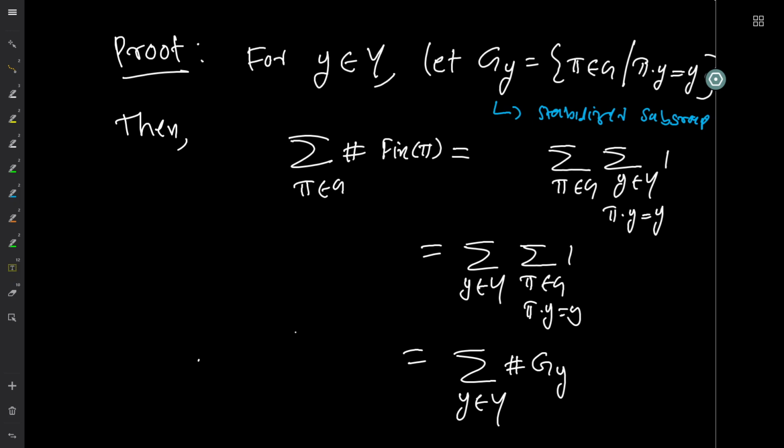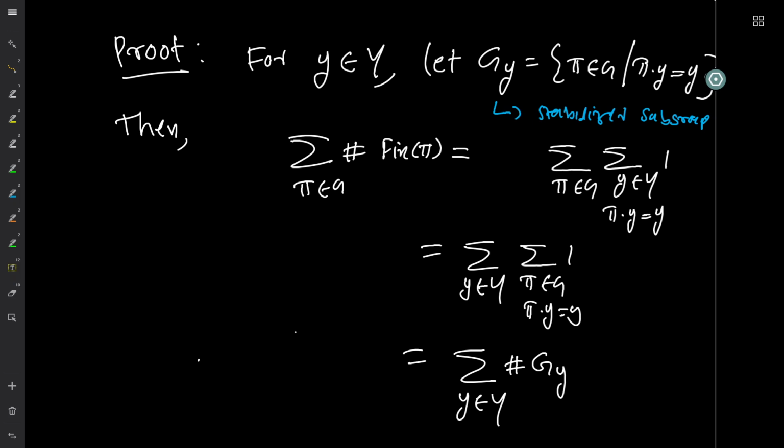Now what is this? So this is a sum over all permutations, and a sum over all the elements in Y, where we count the elements y such that pi dot y is equal to y. That is precisely the cardinality of Fix(pi), the elements which are fixed by pi.